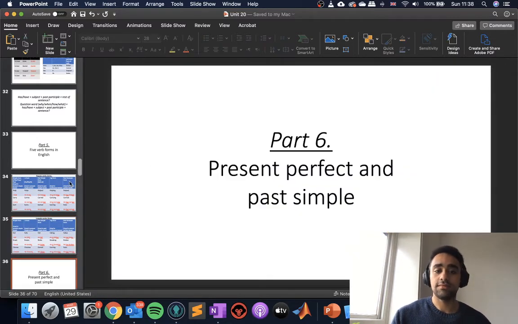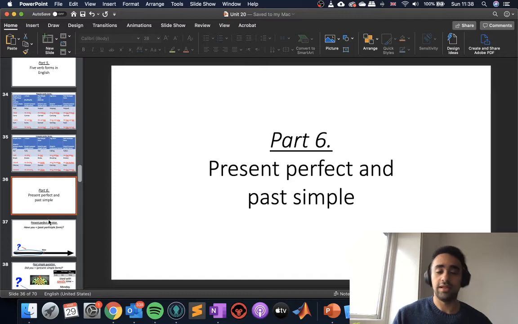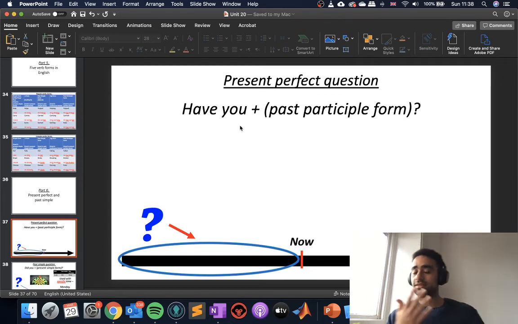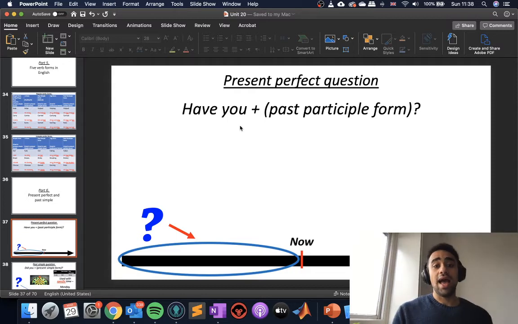So let's look at using both, the difference between present perfect and past simple. As I said, for questions, with present perfect we are asking something general. We don't ask something specific, no specific time. So have you, has he, and then the past participle form, and then the rest of the sentence.